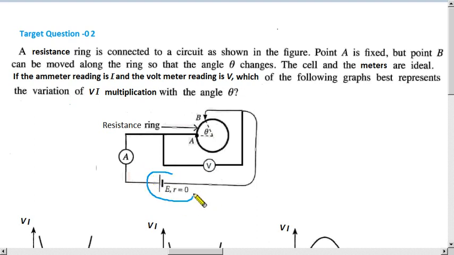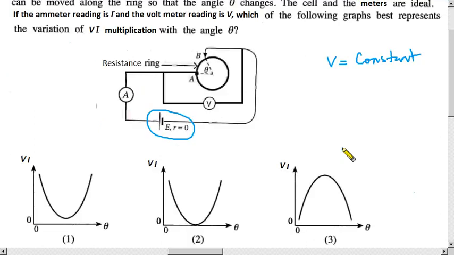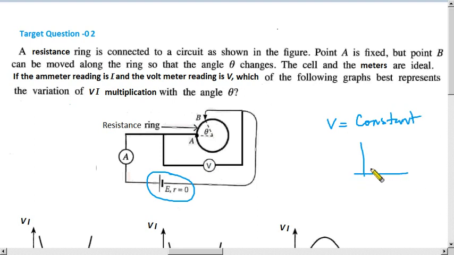So regarding this part, as we did in the previous question, the voltmeter value is constant. So what is the ammeter value? The ammeter value decreases, because the resistance increases like this. So V equals IR. V is constant.